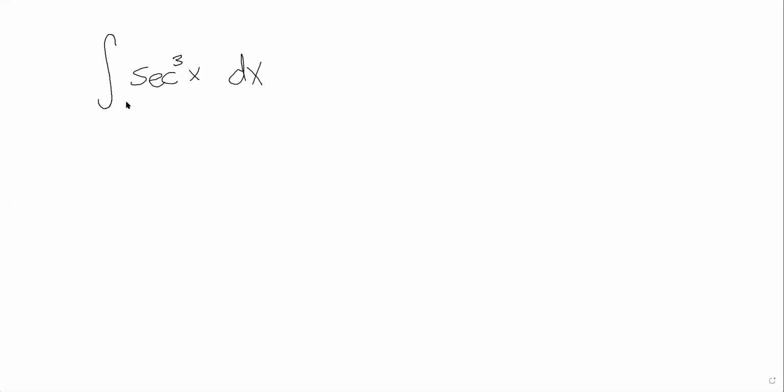I'm thinking write it as secant squared x times secant of x, and then using that one identity. Give me a second.